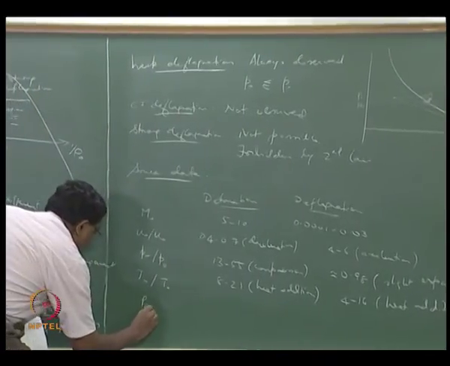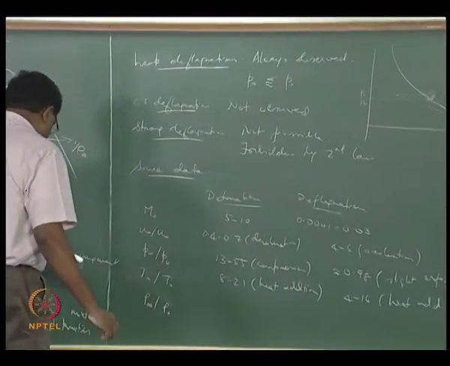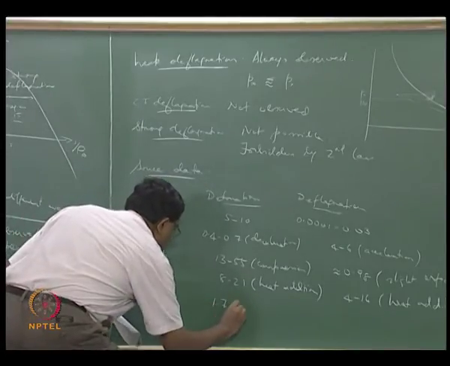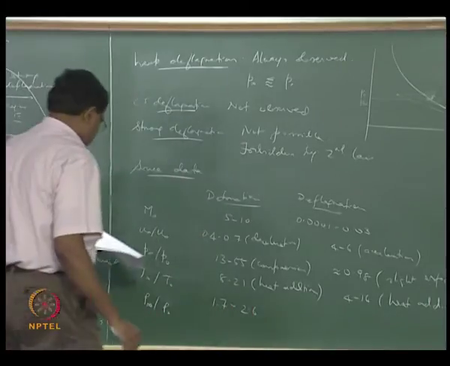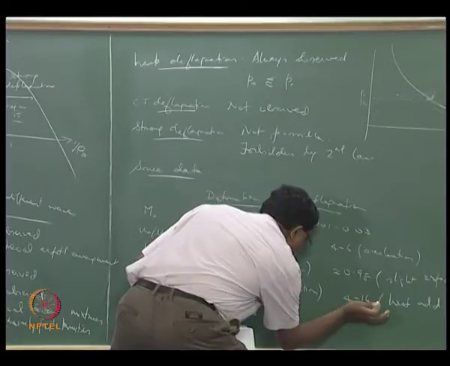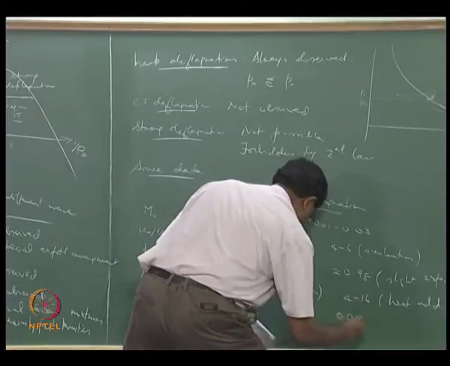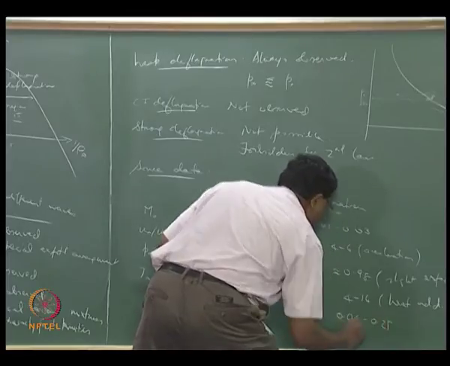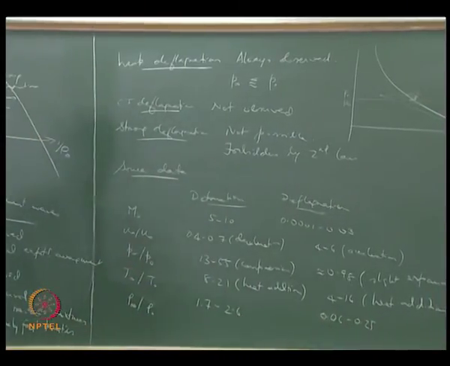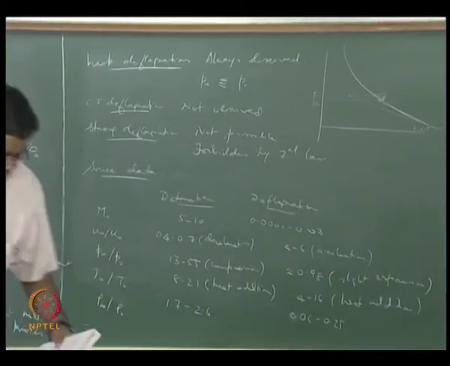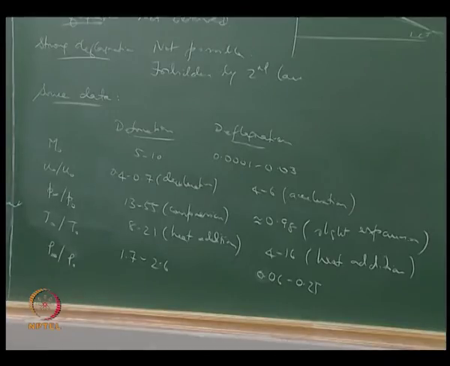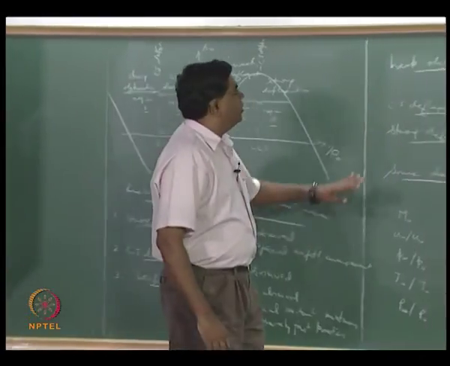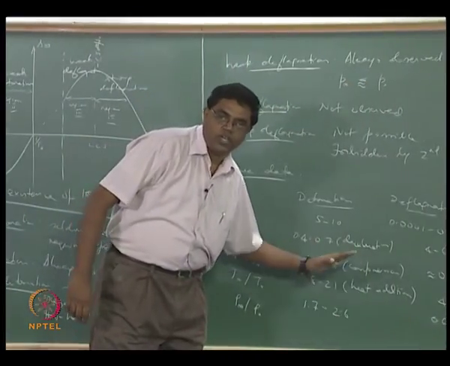And finally you look at rho infinity over rho naught, you have about 1.7 to 2.6, and over here it's about 0.06 to about 0.25. That's about it. So you get the picture of what you get for these detonation or deflagration waves. In summary, you typically are looking at a CJ detonation or a weak deflagration when you're looking at these numbers, right?